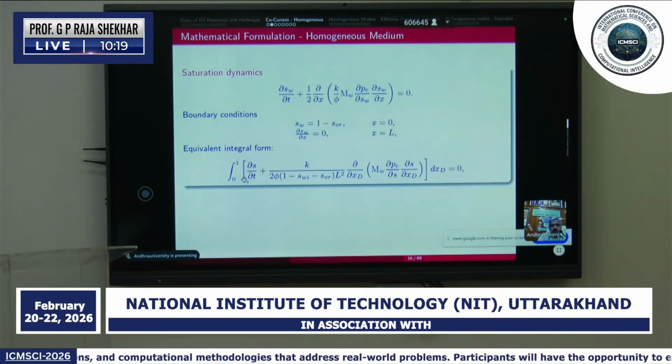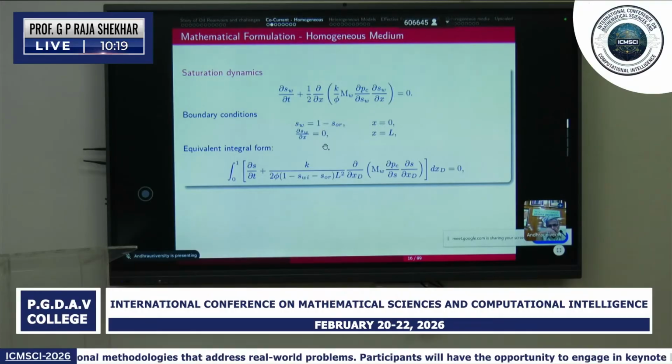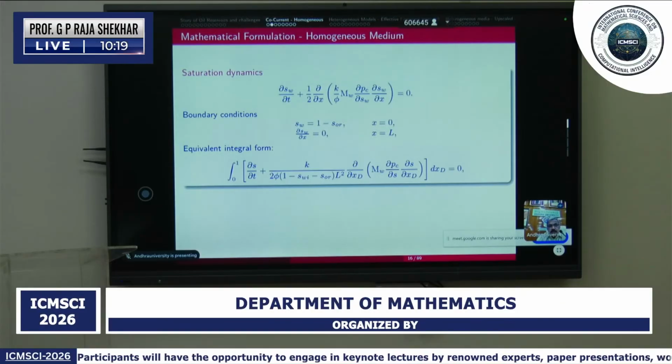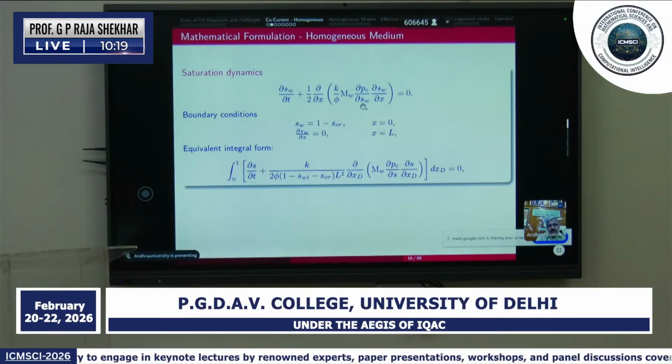So capillary pressure has some model, which I have discussed using the Leverett J function. It's highly nonlinear because the capillary pressure is a function of saturation.